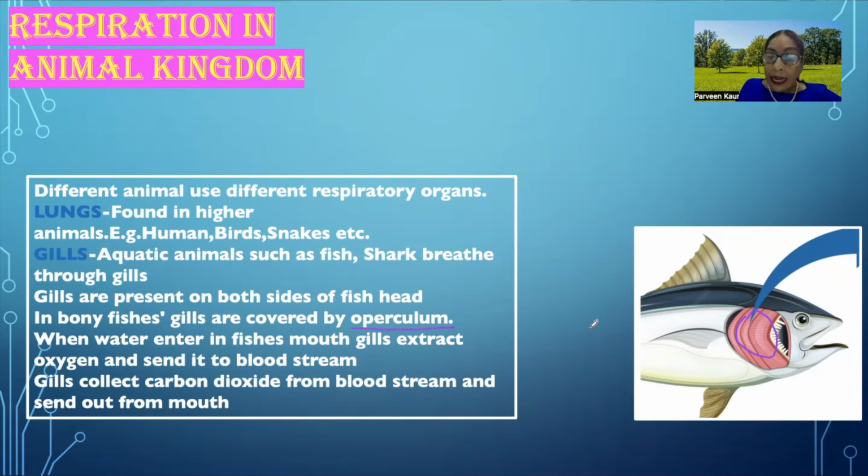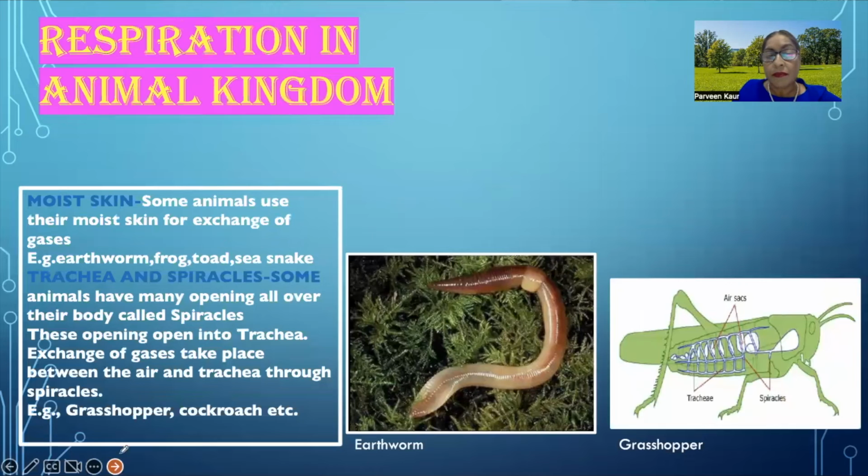When water enters the fish's mouth, gills extract oxygen and send it to the bloodstream. Then gills collect carbon dioxide from the blood and send it to the mouth, and from the mouth water spills out of the body. In this way, inhalation and exhalation take place in fishes.